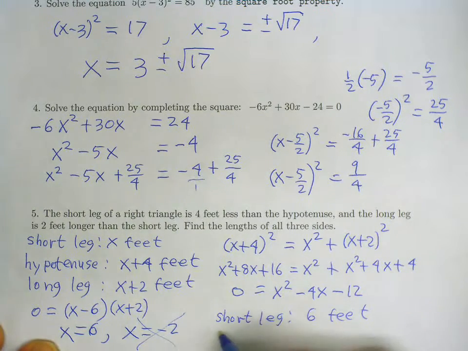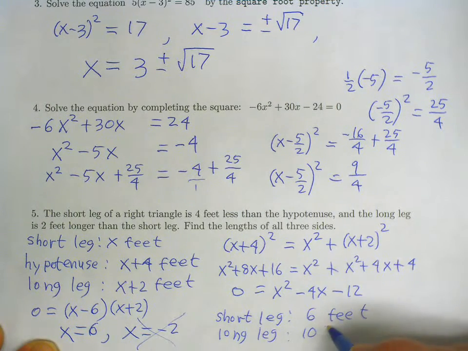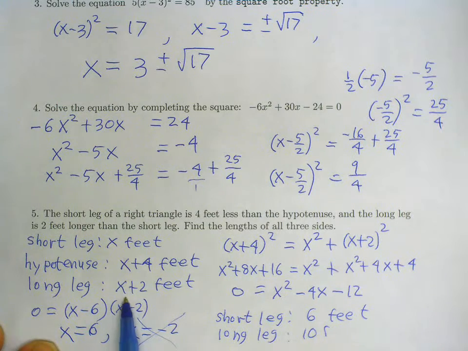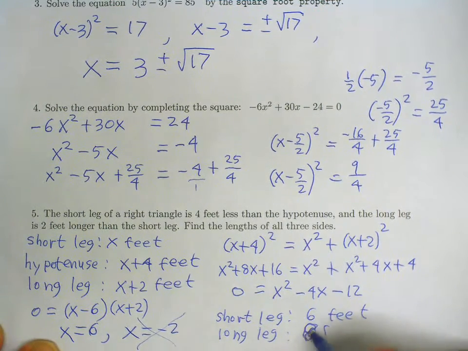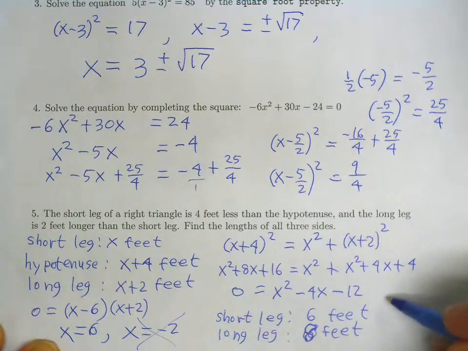The long leg is 4 feet longer. So 6 plus 4 is 10 feet. Sorry, the long leg is 2 feet longer, so it's 8 feet. The hypotenuse is 4 feet longer.